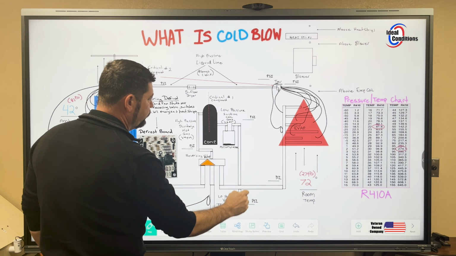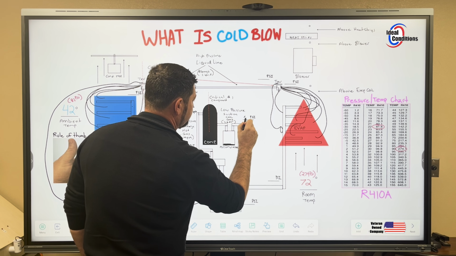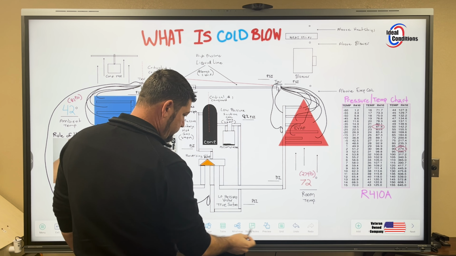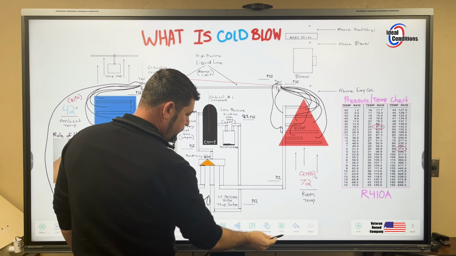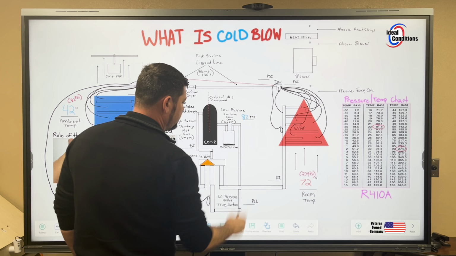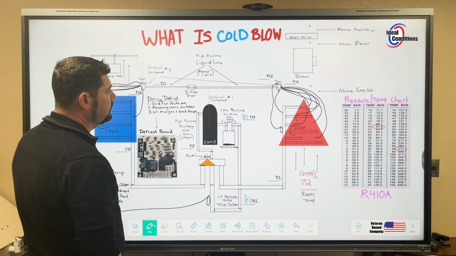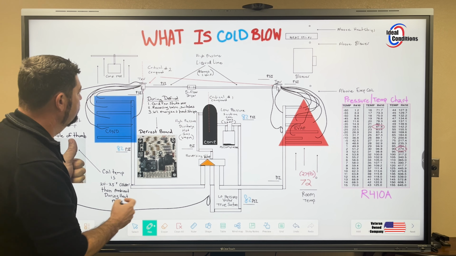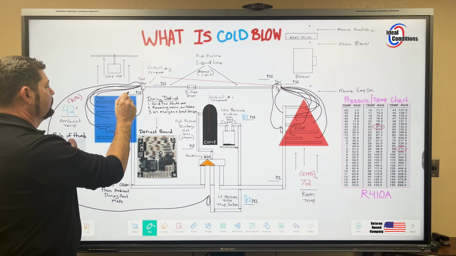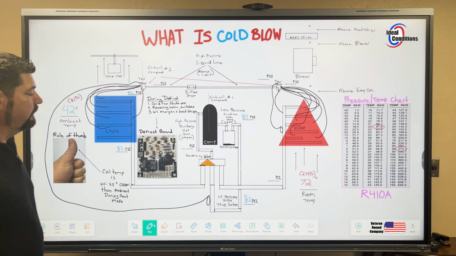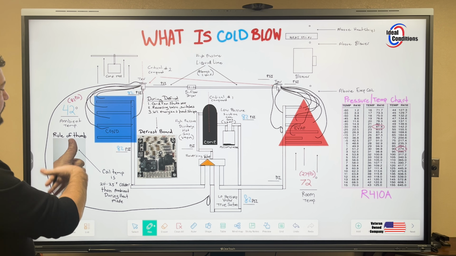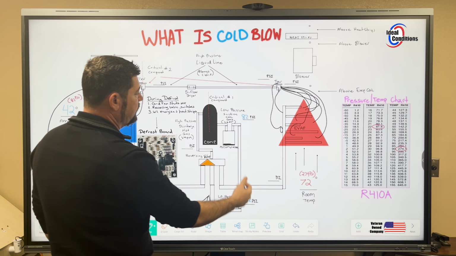So if I'm running 82 psi, I'm going to put that in blue. That'll help us out. Our true suction is 82 psi. Over here, we're going to be 82 psi. On this side of the expansion valve, we're going to be 82 psi. So here's all my values based on 42 degrees. Rule of thumb, I'll be 82 psi everywhere that follows.